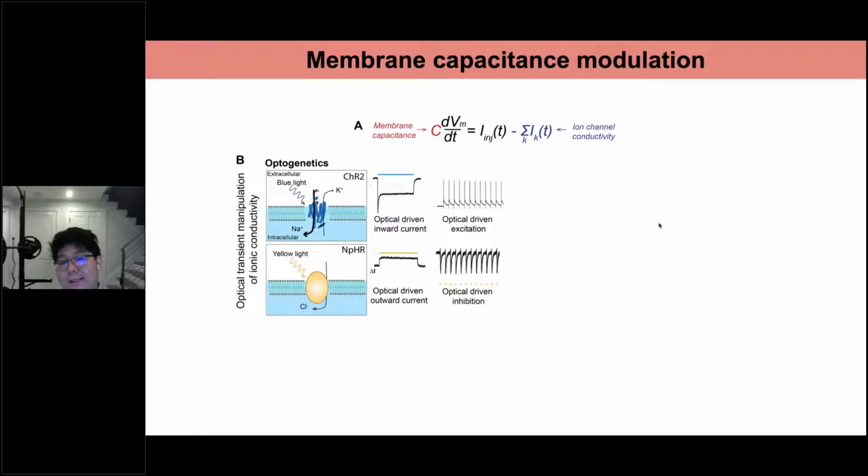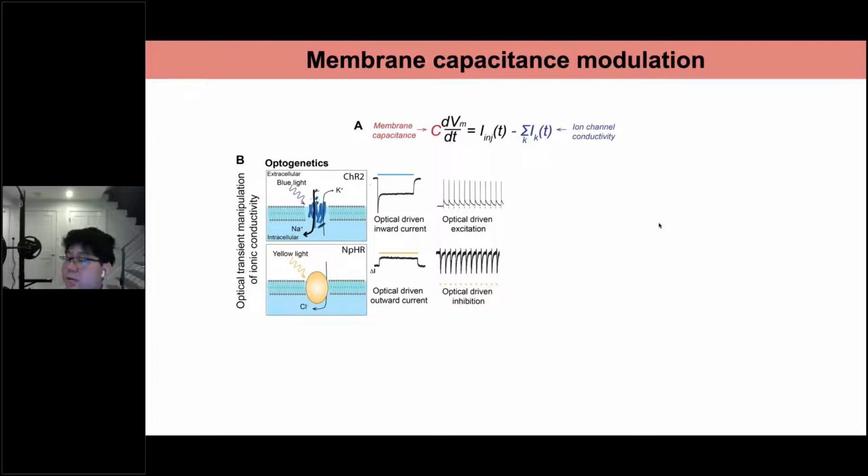If you look at this equation, the Hodgkin-Huxley model, a very famous equation to determine the electrical properties of the neuron, there are two components highlighted here. One is the membrane capacitance, another is the ion channel conductivity. Both determine the intrinsic electrical properties of the neuron.